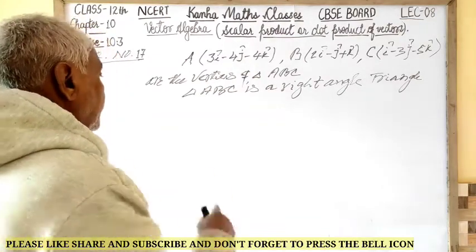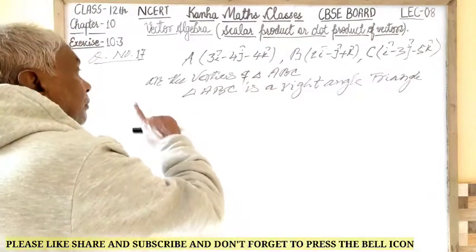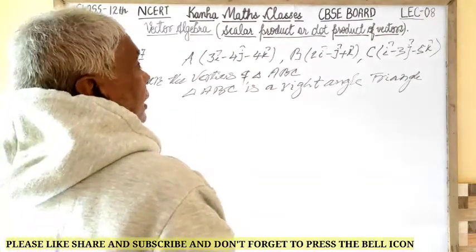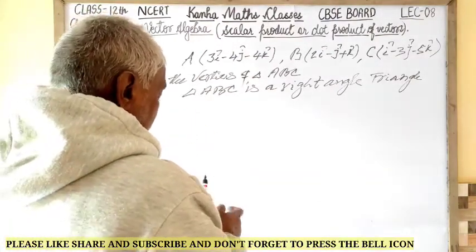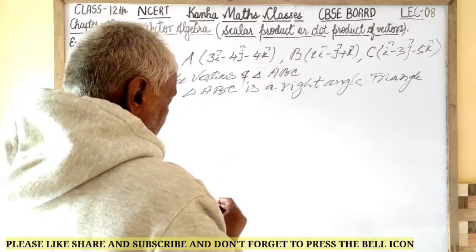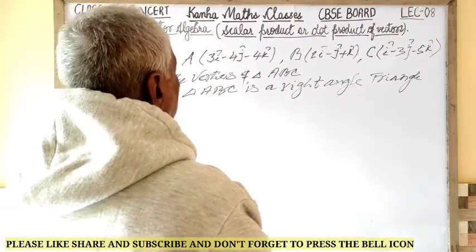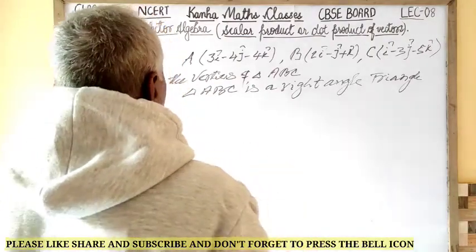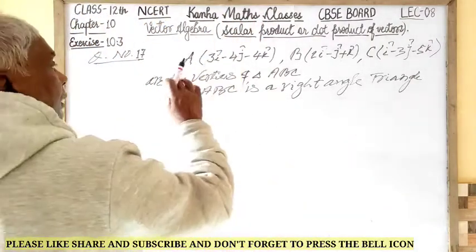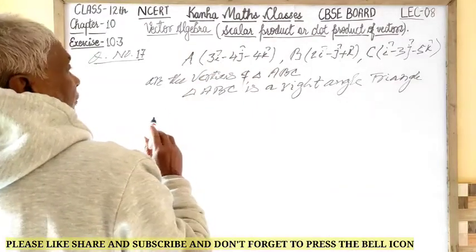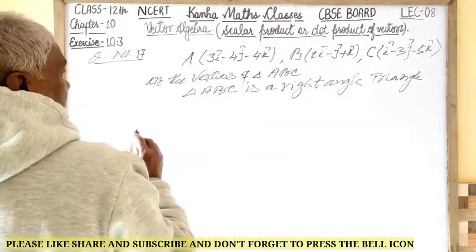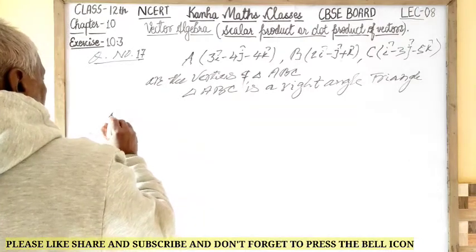In this pattern, based upon the vectors of the sides, we must find the magnitudes of the sides. Before finding the magnitude of the sides, we will find the vectors of the sides of triangle ABC.